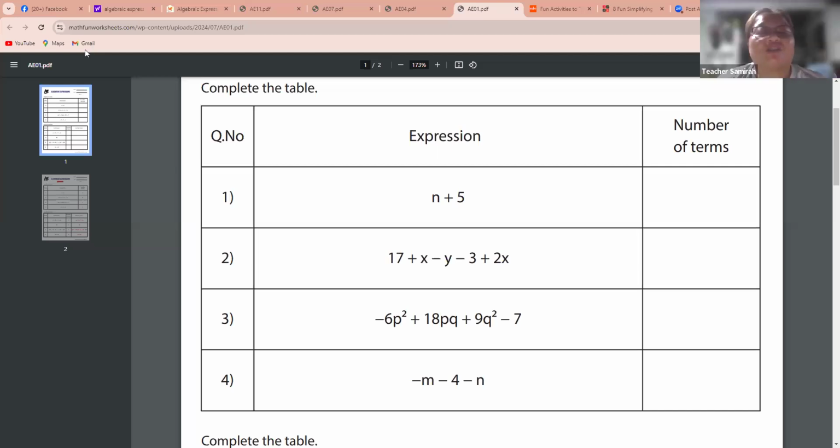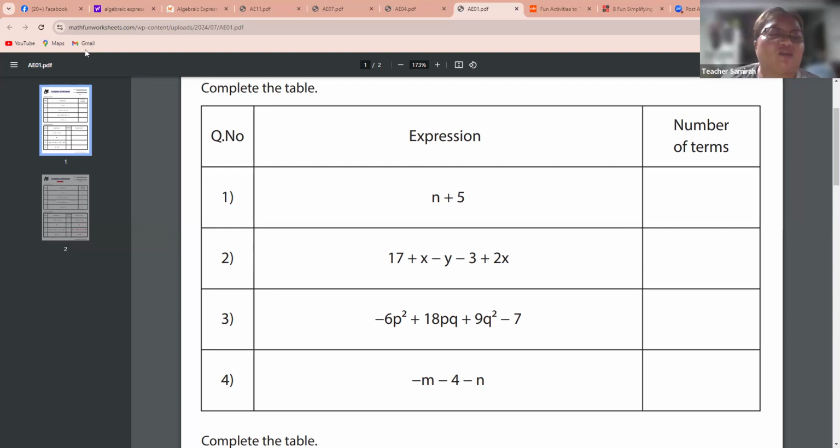Honey, how many terms can you see for question number 1? 1 or 2? 1, okay. Mark, how many terms can you see for question number 1?